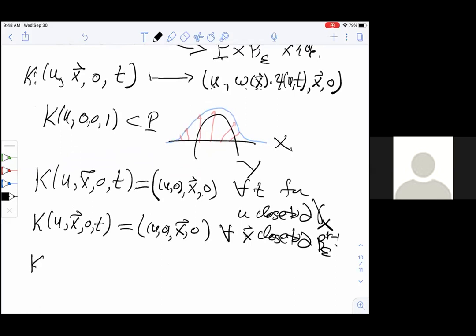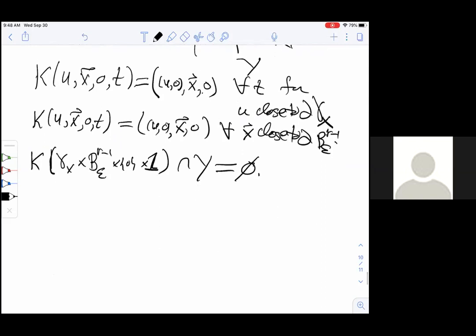The last thing I need is that k of gamma x cross B R minus 1 cross 0 cross 1, so the end of the isotopy, is disjoint from Y. Well, remember Y is given by gamma Y cross 0, well, nu intersect Y. It's gamma Y cross 0 cross B K minus R minus 1 epsilon.